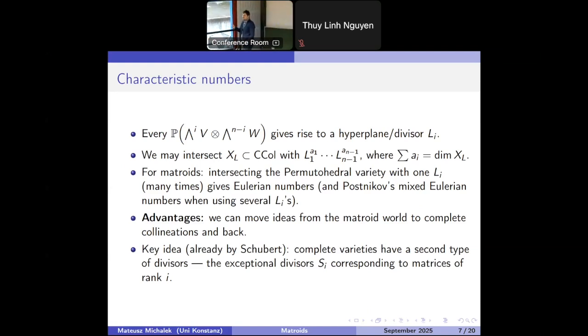They count the number of permutations with exactly i descents. And then, if you start varying the Li's but keep the permutahedral variety, you obtain Postnikov's mixed Eulerian numbers. And all these numbers now have analogs for tensors. You can ask what happens when you replace the permutahedral variety by complete collineations. So you would get what I would, for example, call quantum Eulerian numbers.